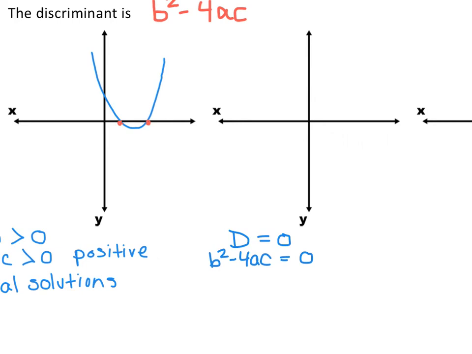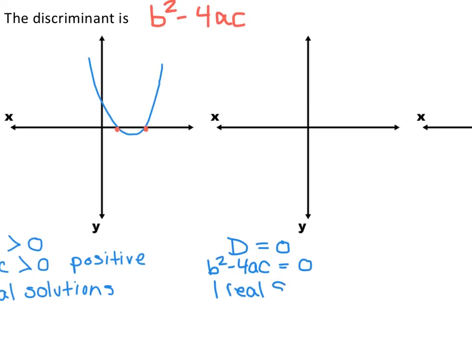So in that case, we're going to have one real solution. There's only one way to have one real solution, and that is if the vertex is sitting right on the axis. So it could be upward facing or downward facing, but the vertex is right on the real number line.